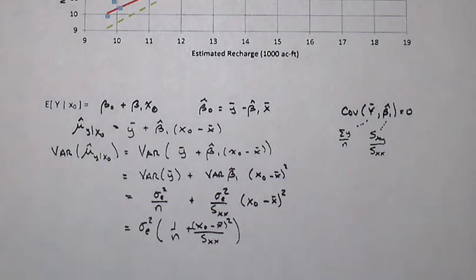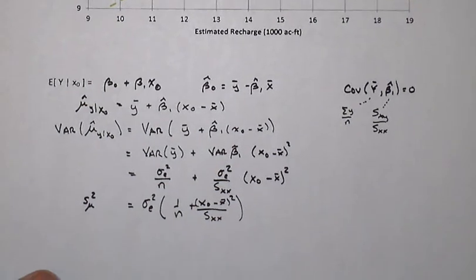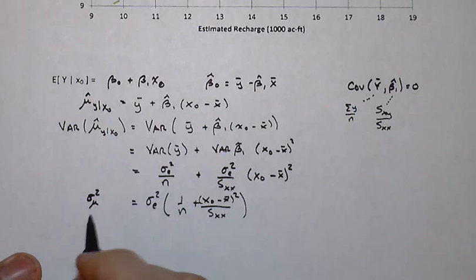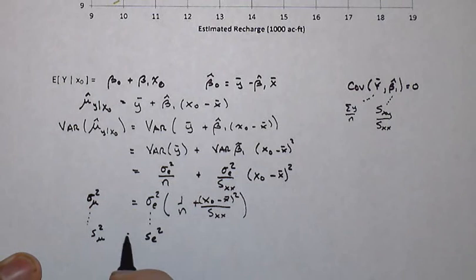For shorthand notation, let's call that the variance associated with this conditional mean, and I'm not going to write out the rest of the subscripts, just to keep it short and simple. And actually that should be sigma. Then remember, what we so often do is say we don't know those population values, so we substitute in the sample estimates.